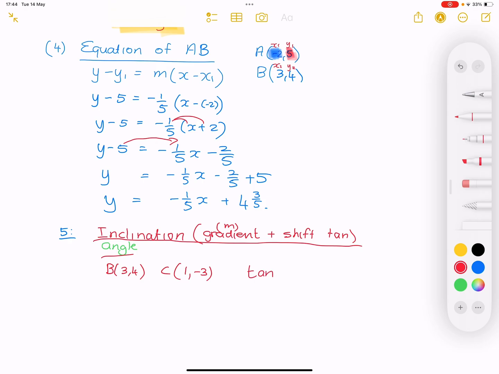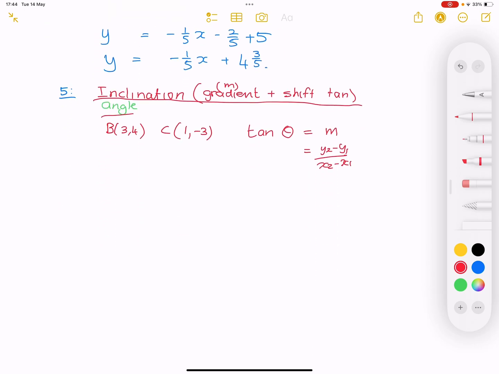The tan of theta is equal to the gradient. The gradient is y2 minus y1 over x2 minus x1. See? Yes, ma'am. So now this is going to be x1, y1. That's going to be x2, y2.